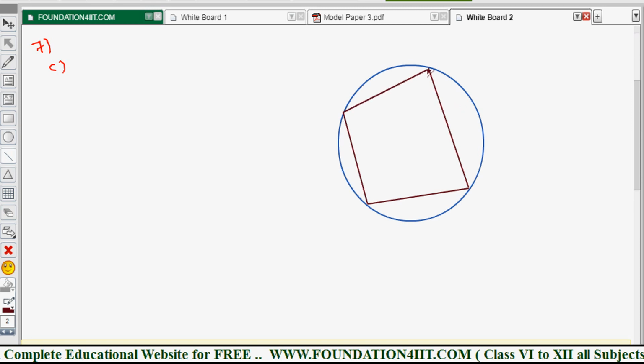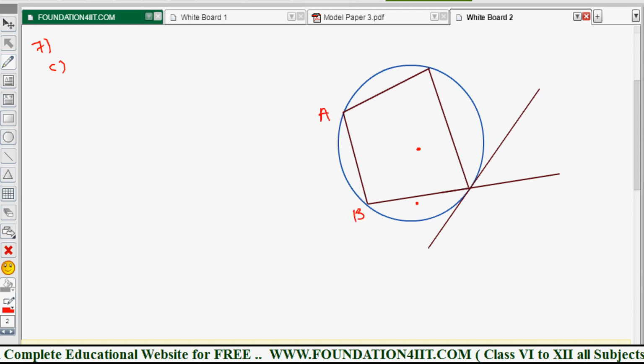This is a cyclic quadrilateral, and CD is the chord and CT is the tangent. So it's a tangent, and the same line is extended. So this is the given diagram, and O is the center of the circle. Let's take O here.